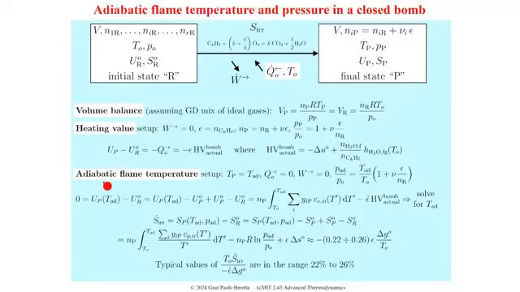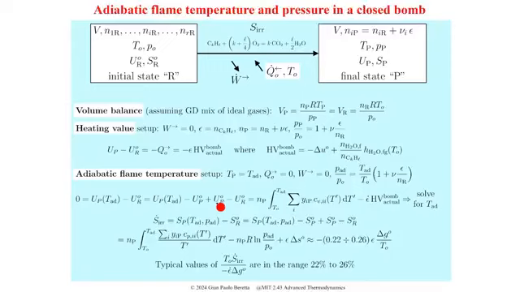Or if you consider an adiabatic setup, like a true bomb setup, where there is no work, no heat, this is the final pressure in terms of the final temperature, and you compute the final temperature by, again, the energy balance.